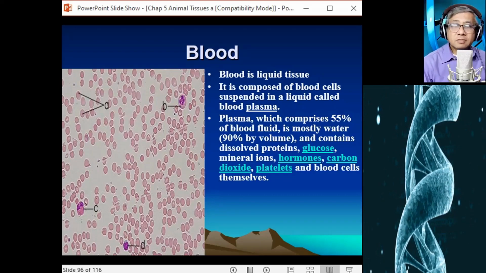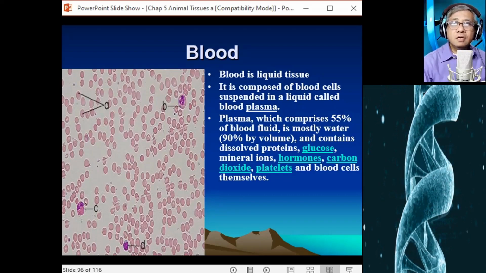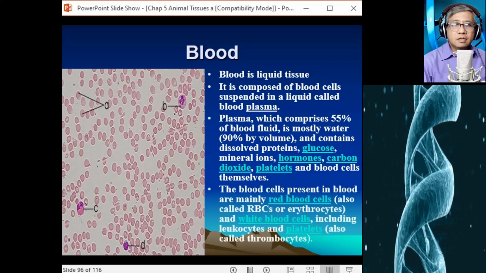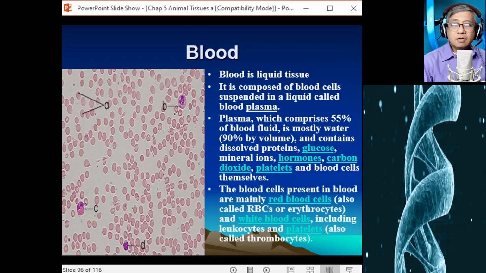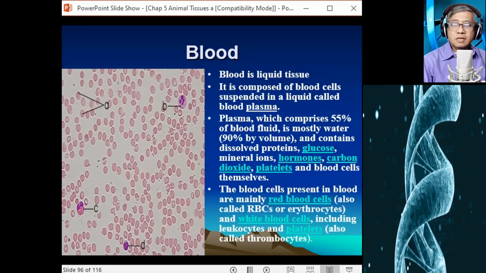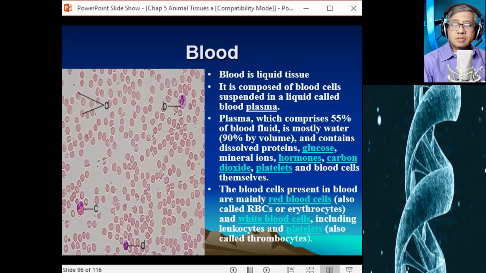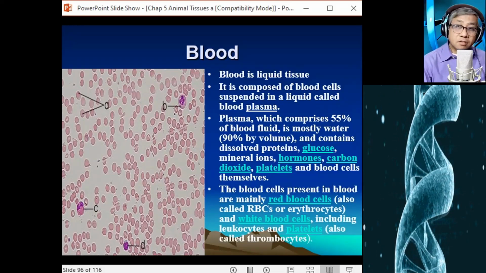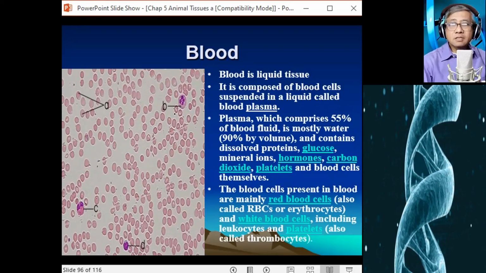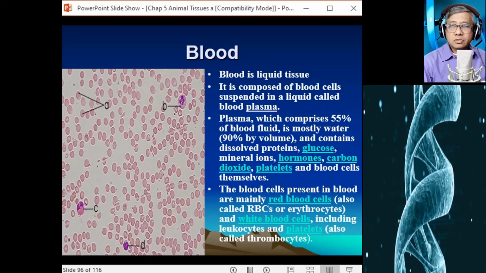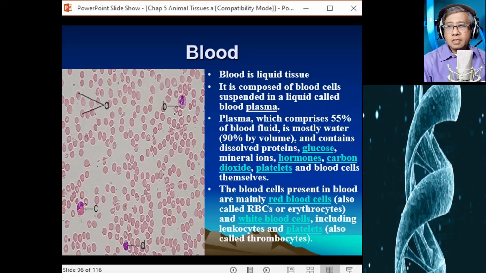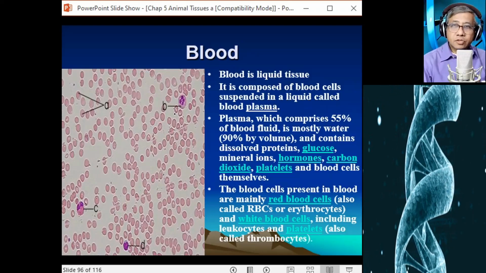Okay, so that's plasma, which is the liquid part of our blood. The solid part of our blood are the blood cells themselves. The blood cells present in our blood are the red blood cells or erythrocytes, the white blood cells or leukocytes, and the platelets or thrombocytes.